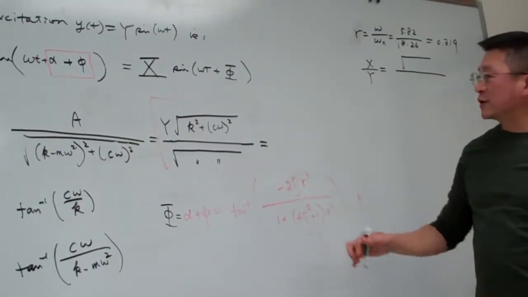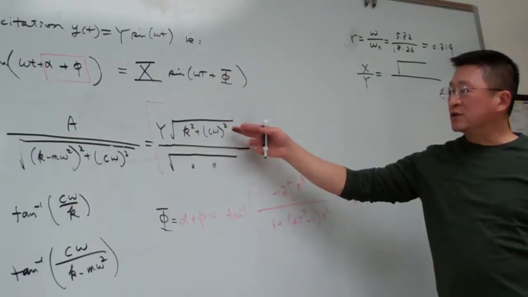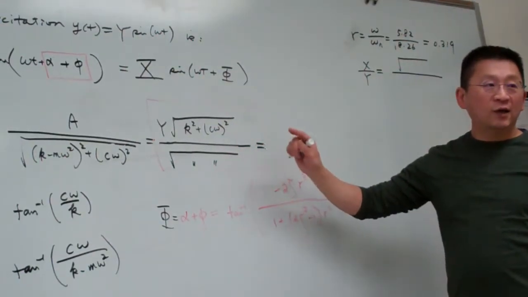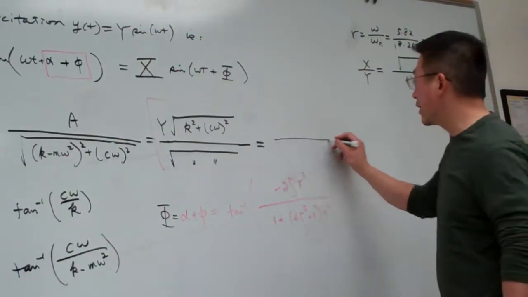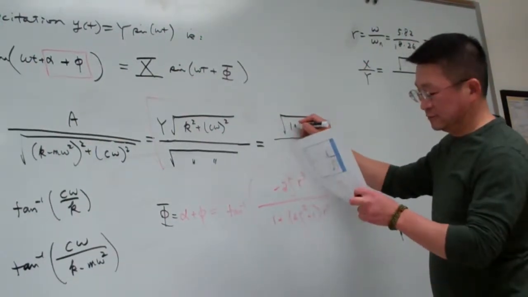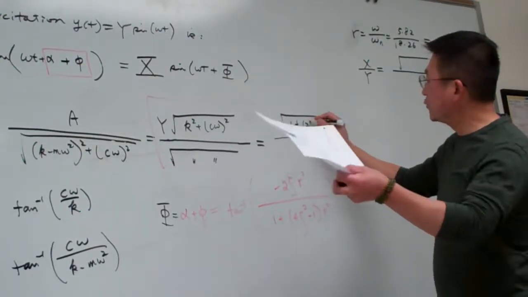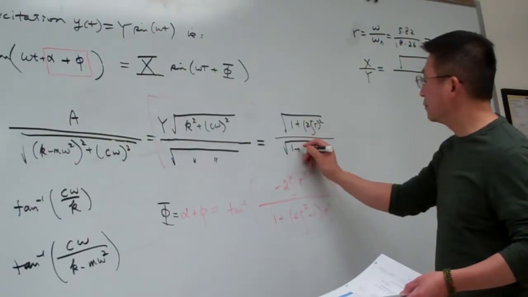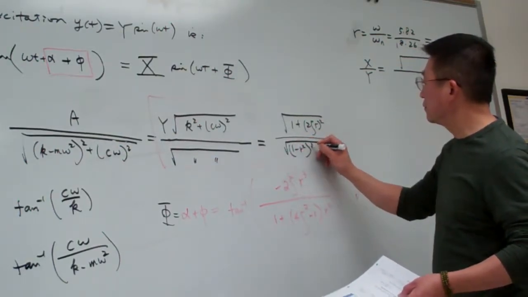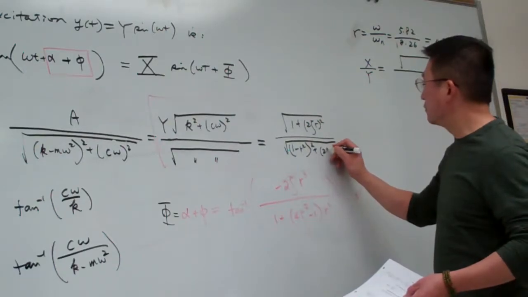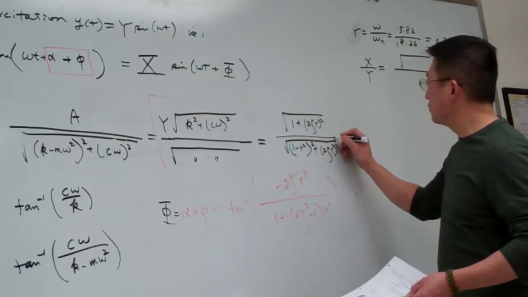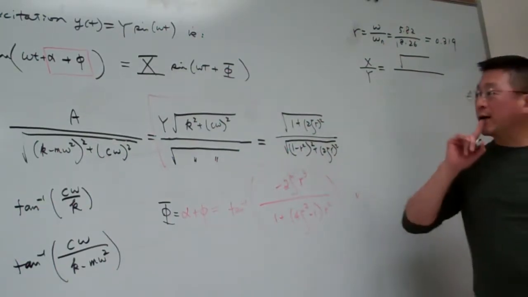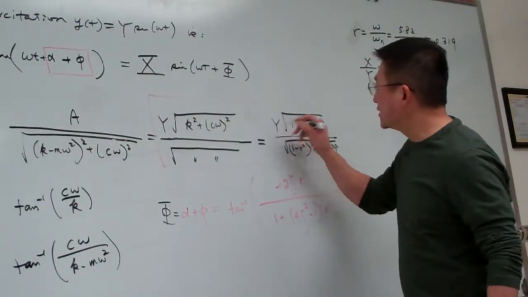So for this equation, if you divide numerator and denominator both by k and work a little bit, you can have the expression like this, just like we're showing here. Okay, yes, capital Y is still here. Thank you.